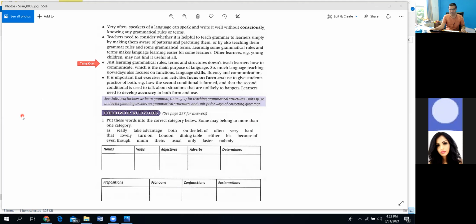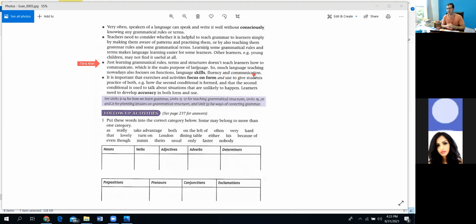Next point. Just learning grammatical rules, terms, and structures does not teach learners how to communicate, which is the main purpose of language. So much language teaching nowadays also focuses on function, language skills, fluency, and communication.